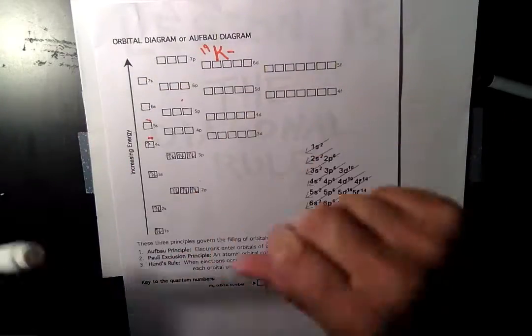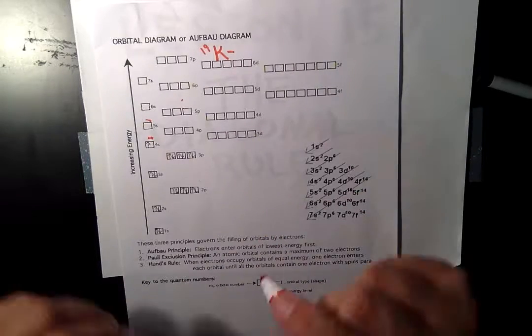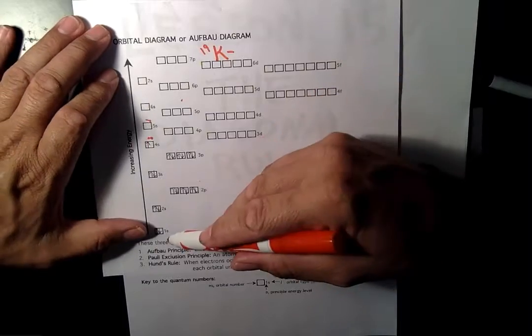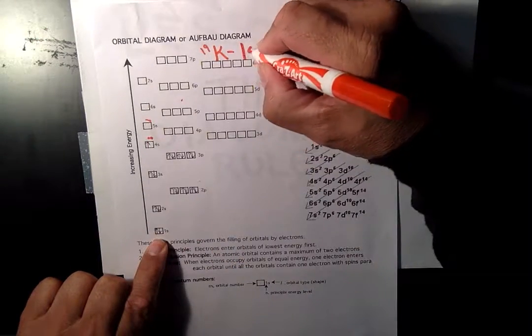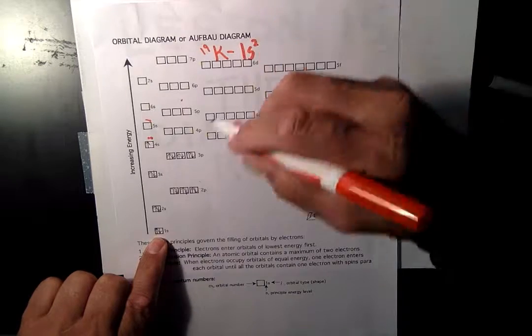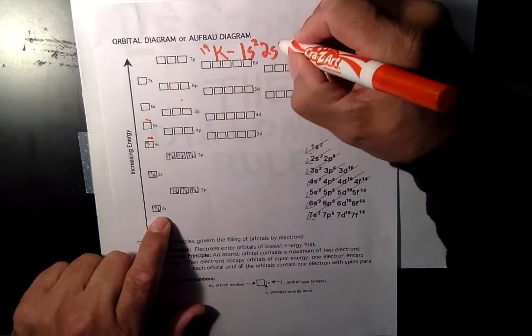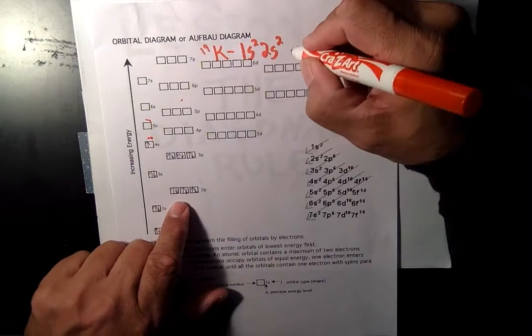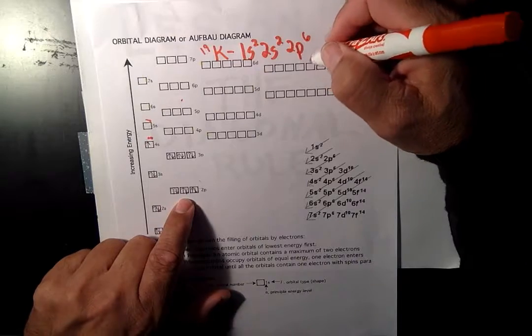Okay, now I have my electrons or energy arrows in my orbitals, so I simply look and see how many there are of each. On my 1s, I have 2 electrons. On my 2s, I have 2 electrons. On my 2p, I have 2, 4, 6 electrons.